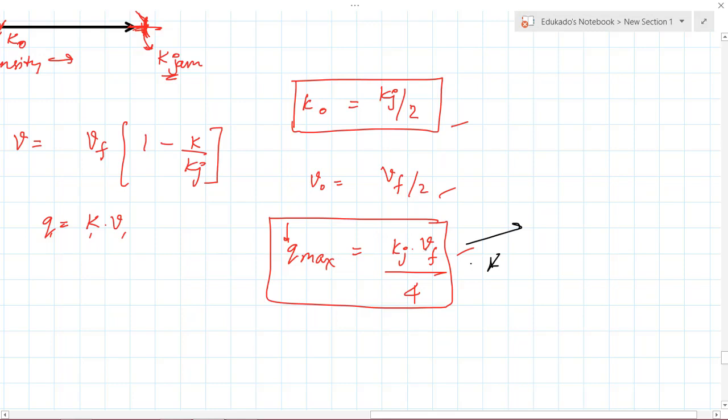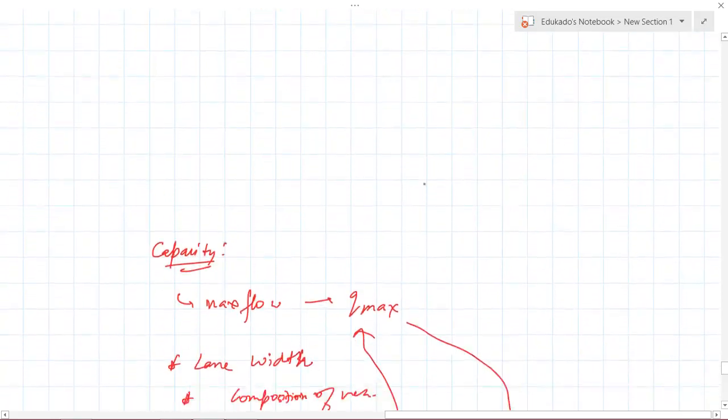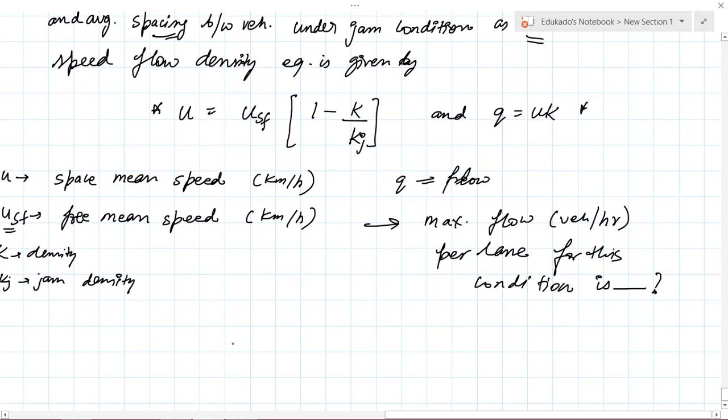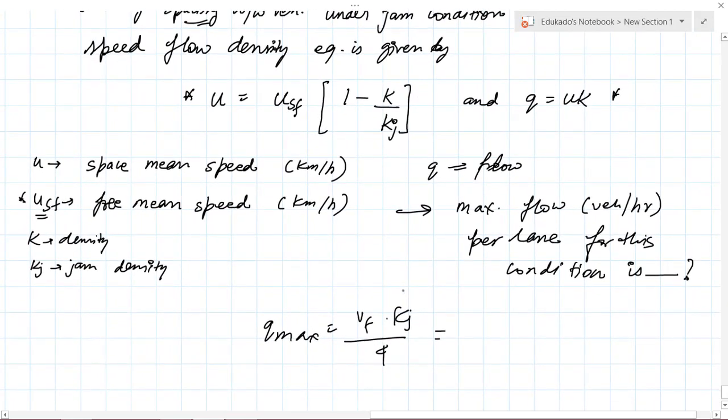Just see this, what is written over there? This is Vf. So Qmax equals Vf into Kj by 4. This was the formula given. This Vf is nothing but your free mean speed, USF. And this is Kj by 4.